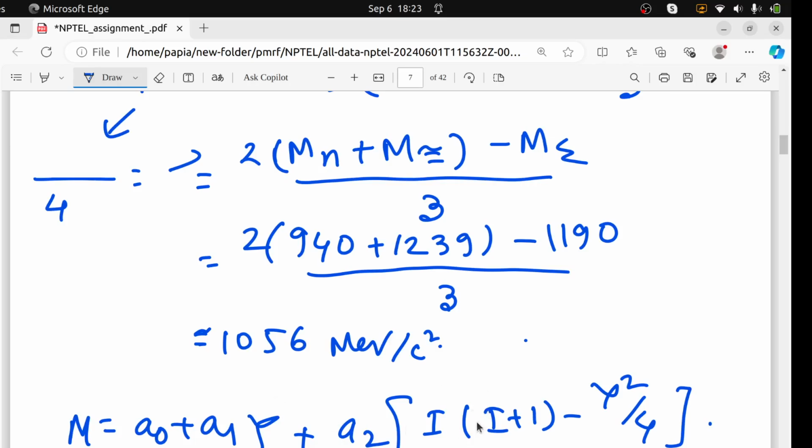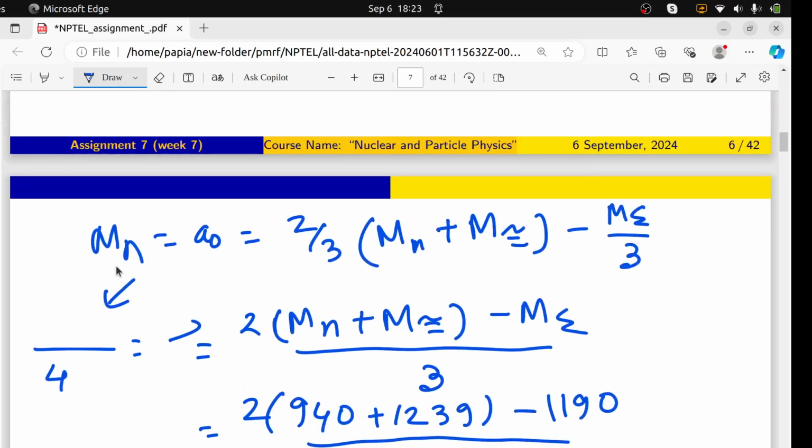This is for any type of particle, and whatever you are talking about is only the expression for m delta in terms of m_N, m sigma and m cascade. Let's say in your exam something else is given. You can't remember expressions for all particles.